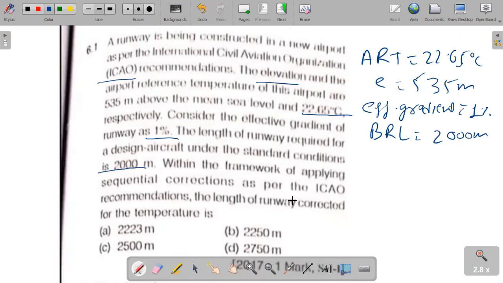Applying sequential correction as per the ICAO recommendation, we need to find the length of runway corrected for the temperature only. Let's add a page and solve this question.